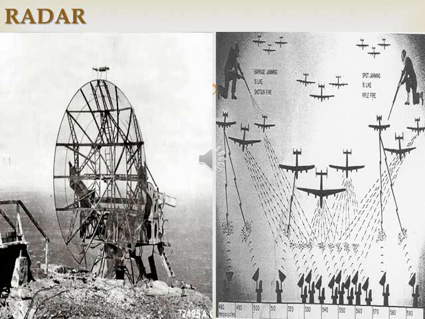Radar is a system that uses radio waves for finding the position of moving objects, for example, ships or planes. Radar was developed during that time. With the help of radar, the British Army could detect the entry of the German Air Force. So radar was very important during the Second World War.